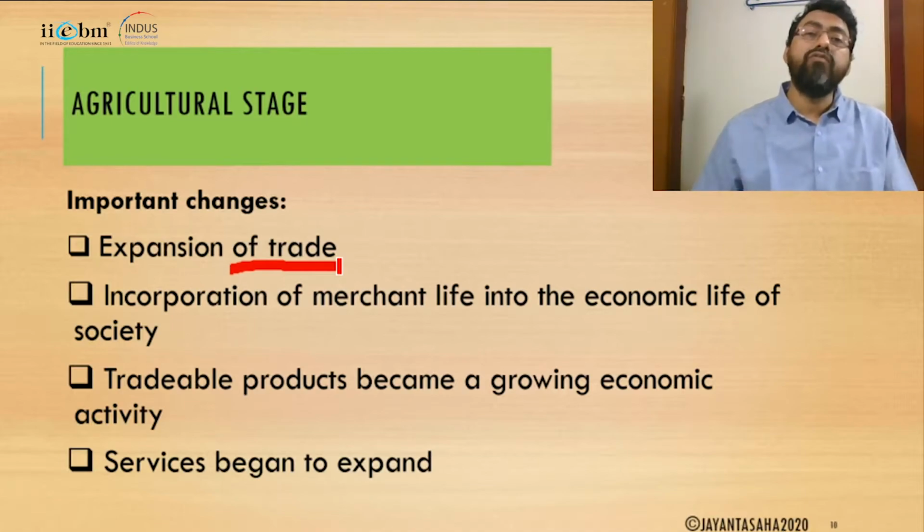So if I exchange what I make with another person who is not making that thing, I basically result in what is known as trade. So the concept of trade has expanded because of the generation of surplus, and we will talk more about this.